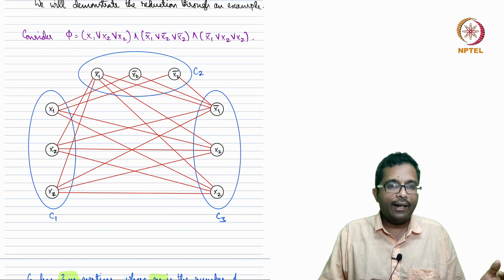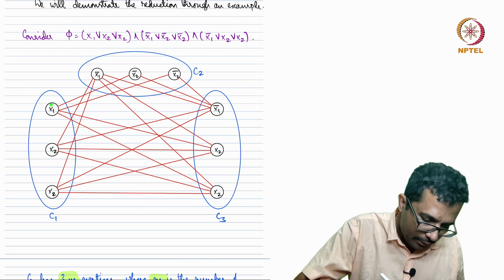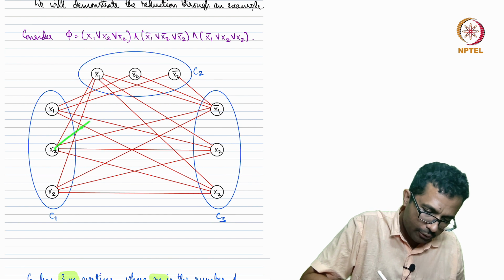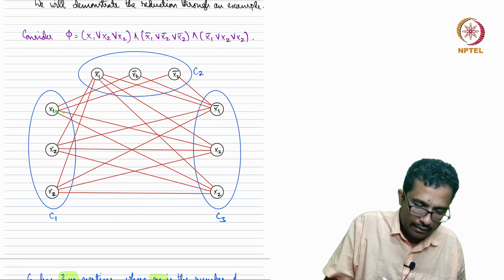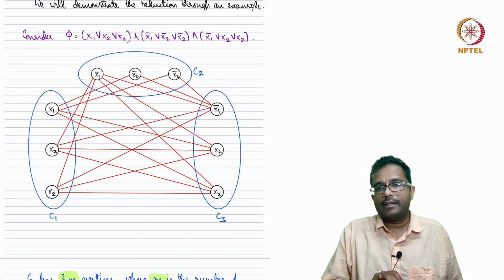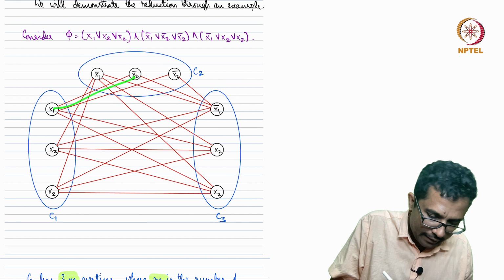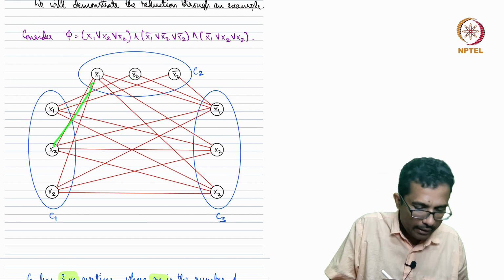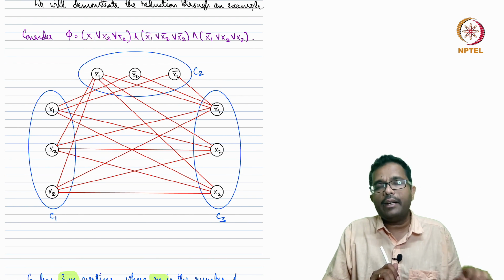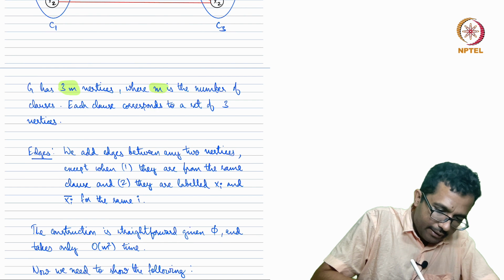So for any i, xi and xi complement cannot be adjacent. But x1 and x2 complement can have an edge, no problem, because there is no issue with that. x2 and x1 complement can also have an edge, but for the same i, xi and xi complement cannot have an edge.